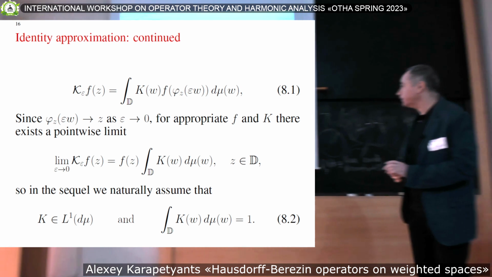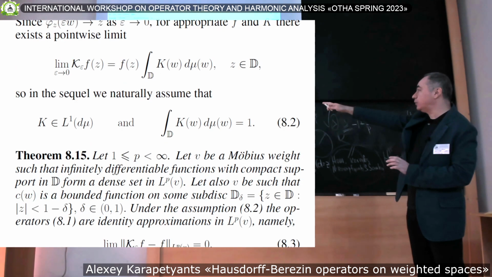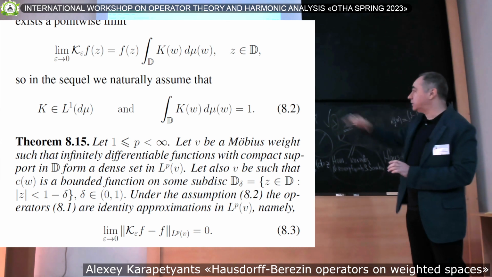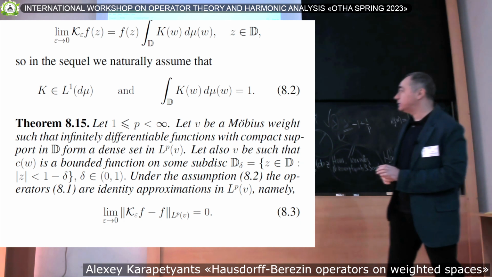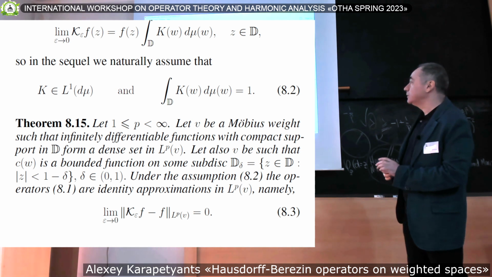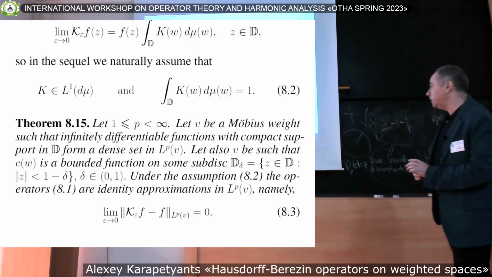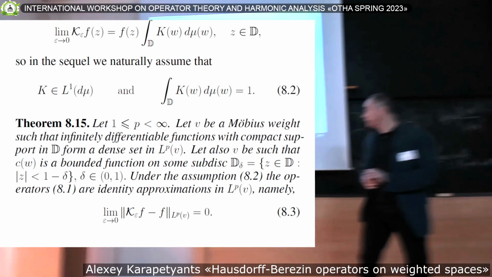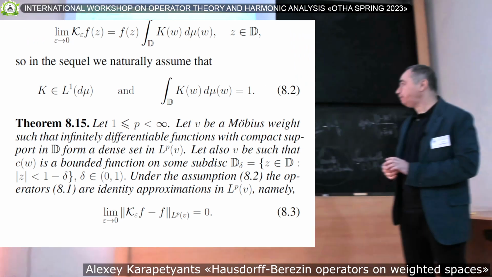And the formal statement is in the following theorem 8.15. I will not read these conditions, but under the conditions written in theorem 8.15, the operators given above are identity approximations in L^p, in weighted L^p. Namely, this property holds true.